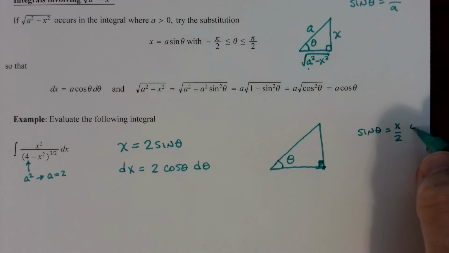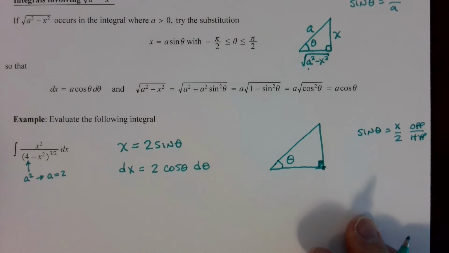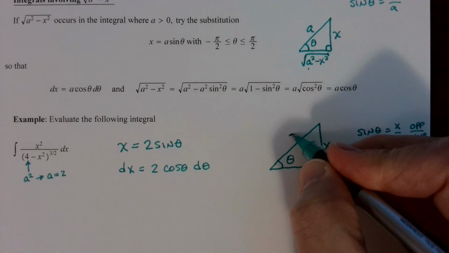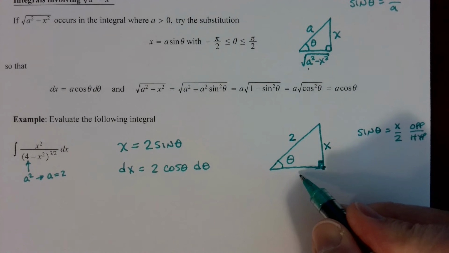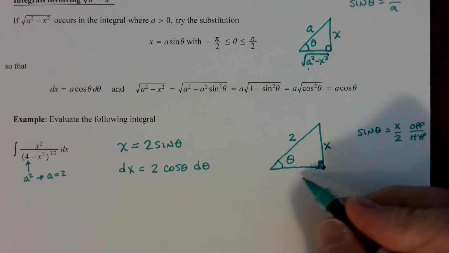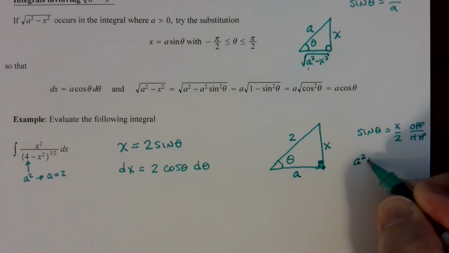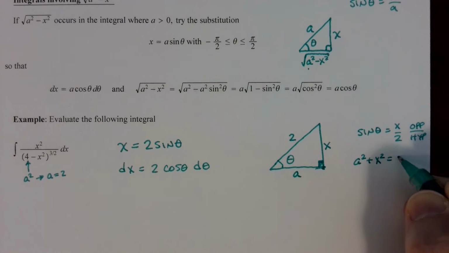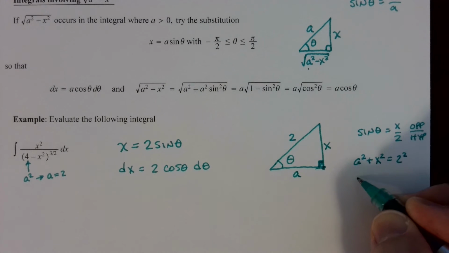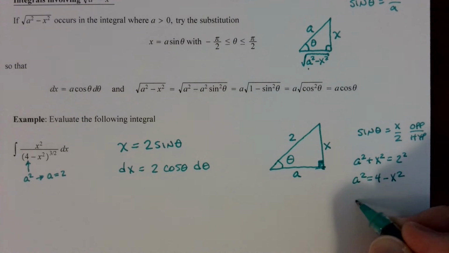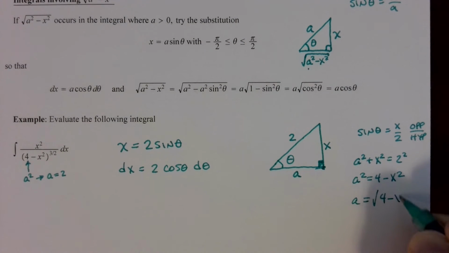Opposite over hypotenuse. So x is the opposite, hypotenuse is 2. And if I solve for a here, if I call this a, of course, a squared plus x squared is 2 squared, or 4, and I get a squared is 4 minus x squared, or a is the square root of 4 minus x squared.